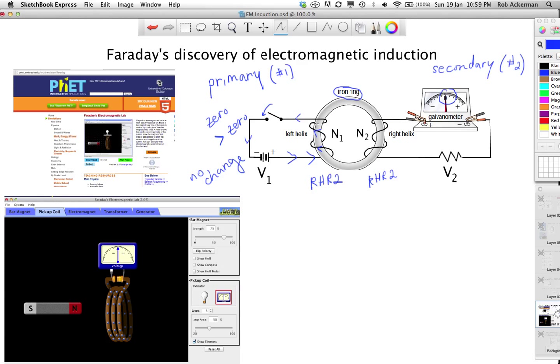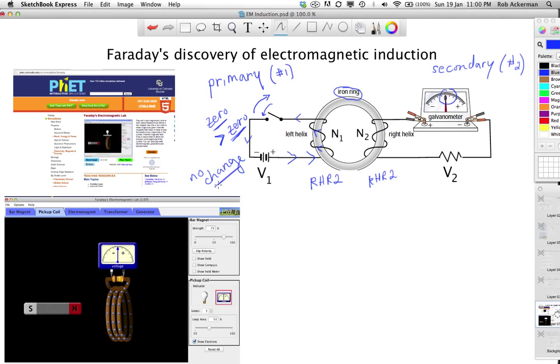Now, another thing that's interesting is when Faraday opened the switch to stop the current from flowing in the primary, he noticed that the needle deflected again, only it did it in the opposite direction to what it did when he closed the switch. Why did it do this? Well, when he opens the switch, the magnetic field goes from greater than 0 back to 0.